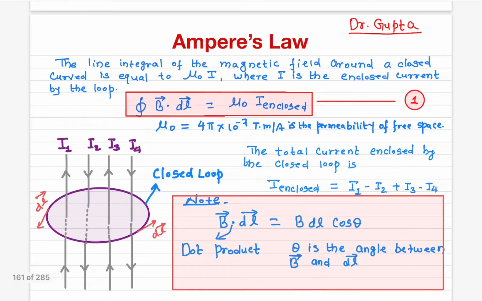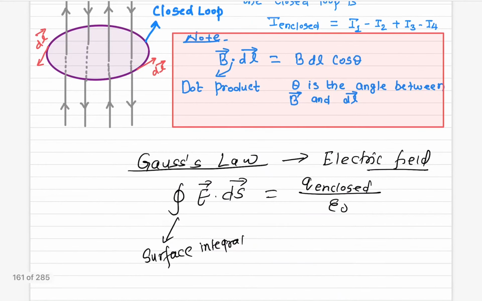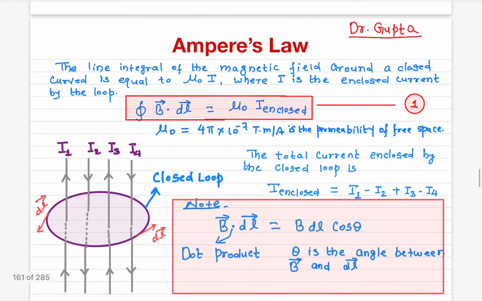Ampere's law, in fact, is used to find the magnetic field due to a current or multiple current-carrying wires or systems. So there is quite a similarity between those. Gauss's law, electric field; Ampere's law, magnetic field.